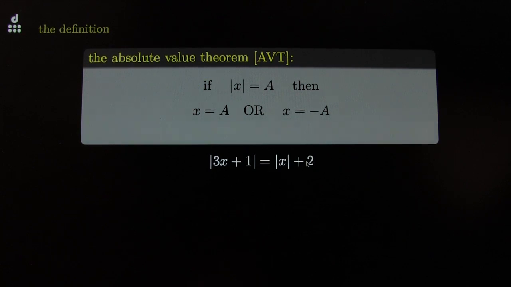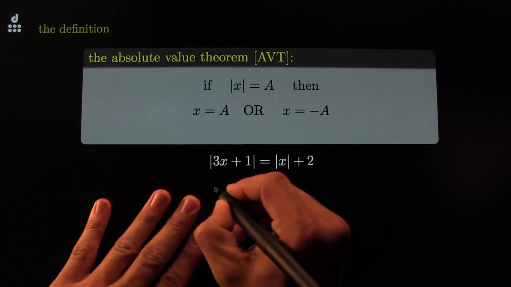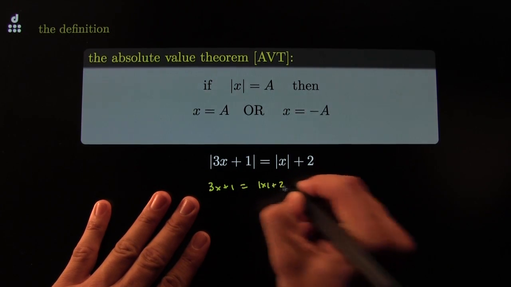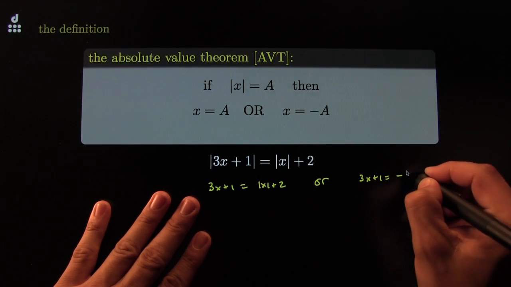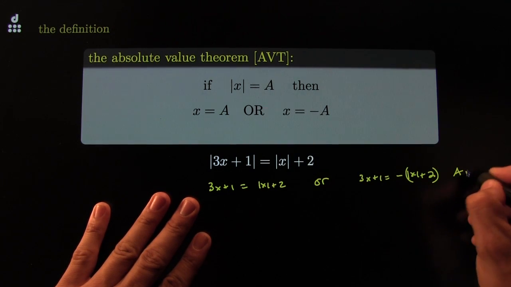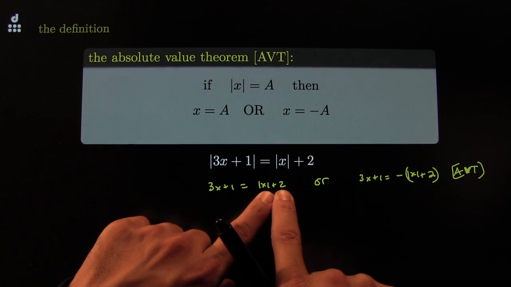Alright. You can also do this with multiple absolute values. So here, take this example. This would be 3x plus 1 is equal to the absolute value of x plus 2, or 3x plus 1 is equal to negative the absolute value of x plus 2. The positive or the negative, that's AVT. Now here this is interesting, because now you have an absolute value here and you have a 2 here.